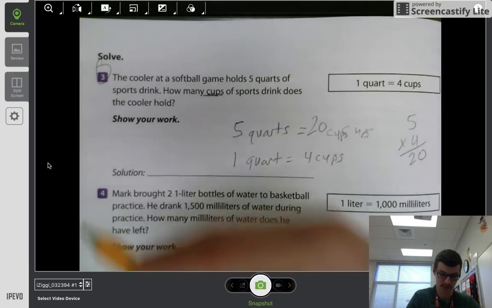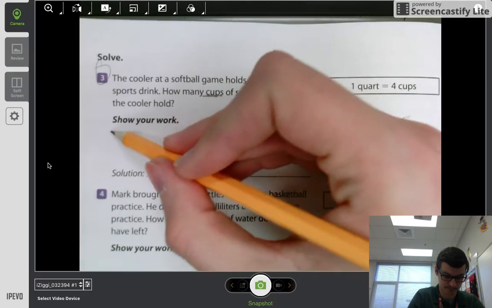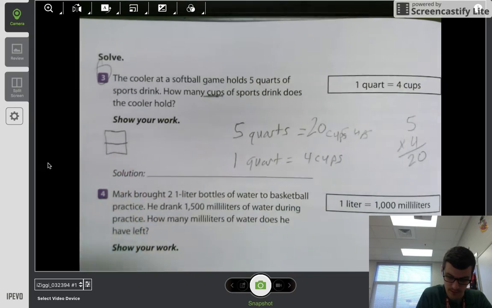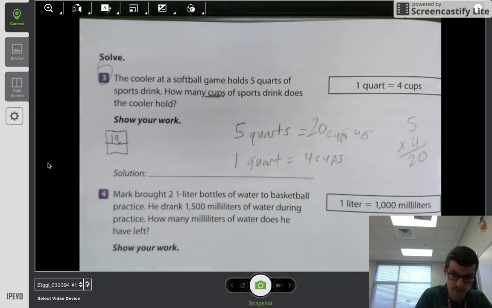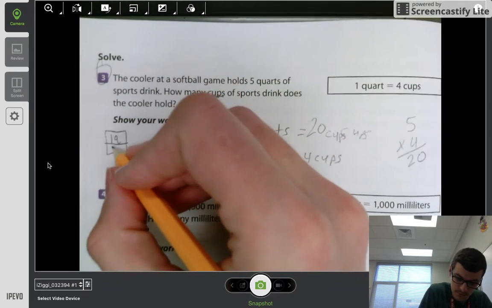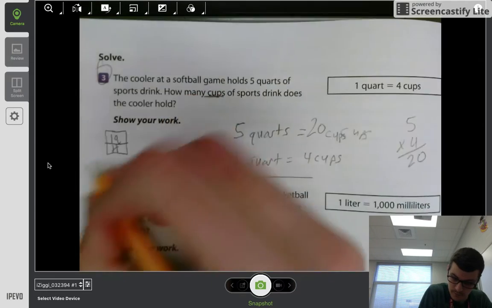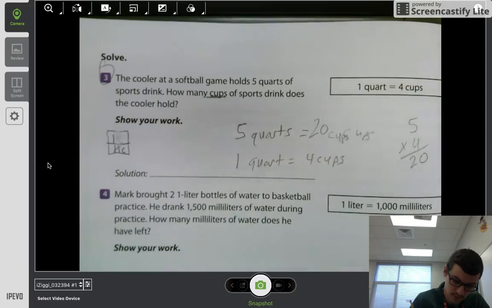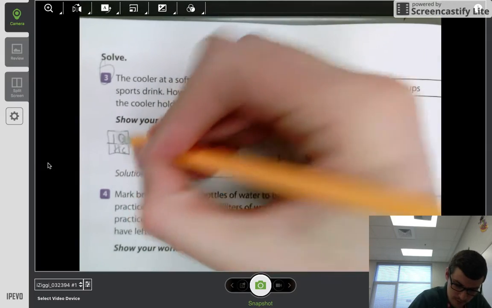Okay, and I could have done that with a conversion block. For those people still needing a conversion block, I could do 1 quart and 4 cups. So that Q looks like a 19, so I'll make it uppercase.